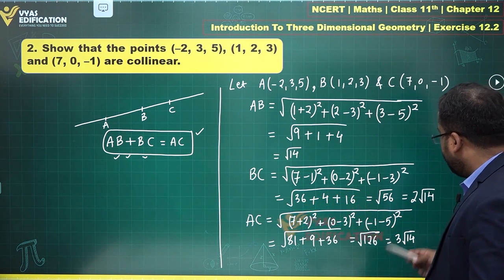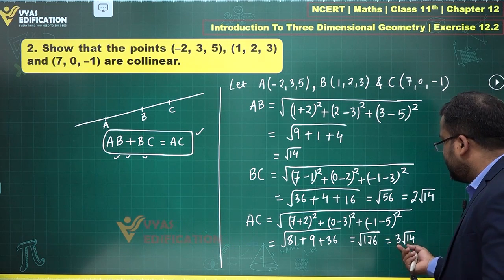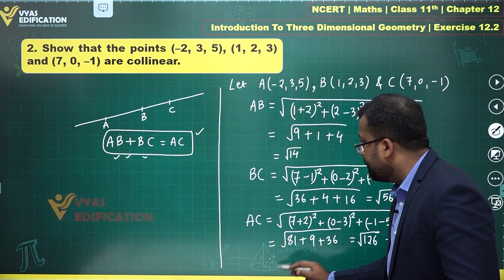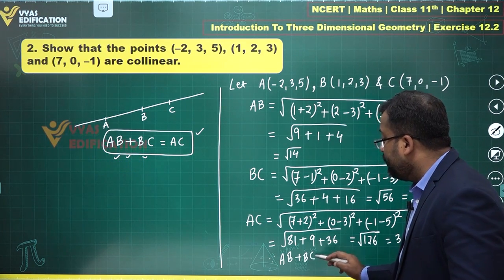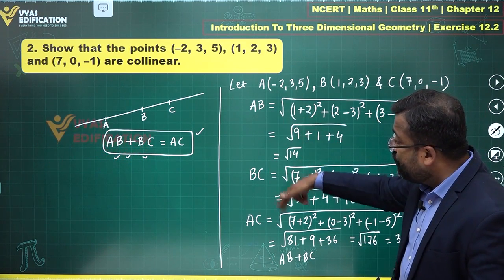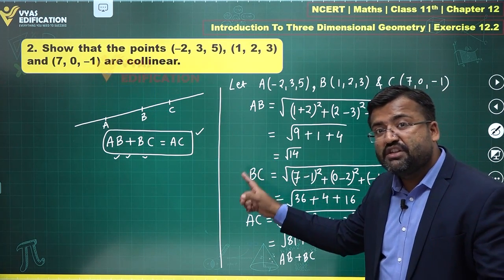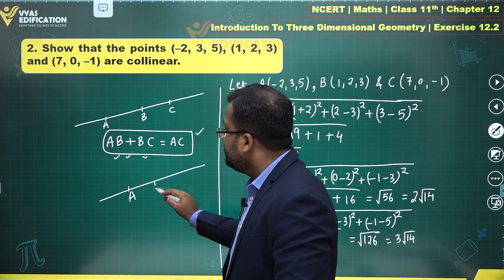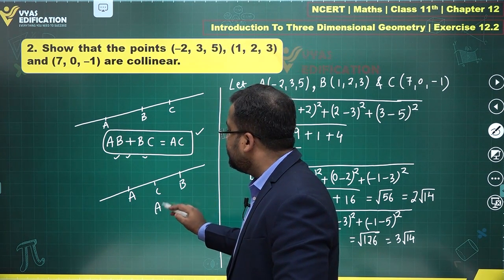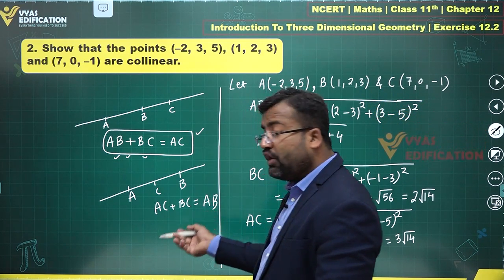And can you observe that 2 square root of 14 and 1 square root of 14 added together will be equal to 3 square root of 14. So since any two lengths sum up to the third one, mind you, this could have been any two lengths equal to the third one. It is not necessary that AB plus BC will be equal to AC. You could have had a different arrangement, A, C, B, and you could have said AC plus BC is equal to AB. This would also work.